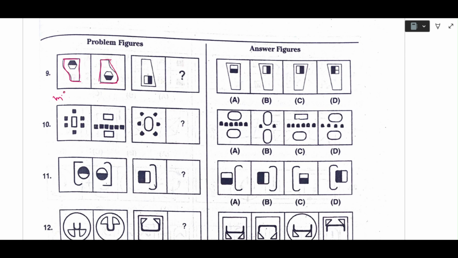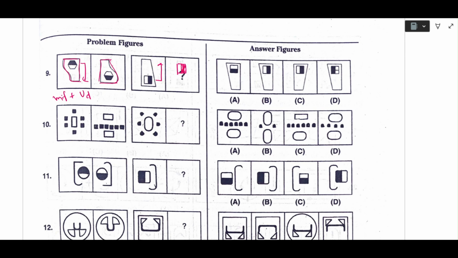Mirror figure plus upside became down, right? And what is happening with the internal figure? This small internal figure came from top to bottom, right? So this internal figure will be going from bottom to top. So this figure will be like a square and also a black rectangle.